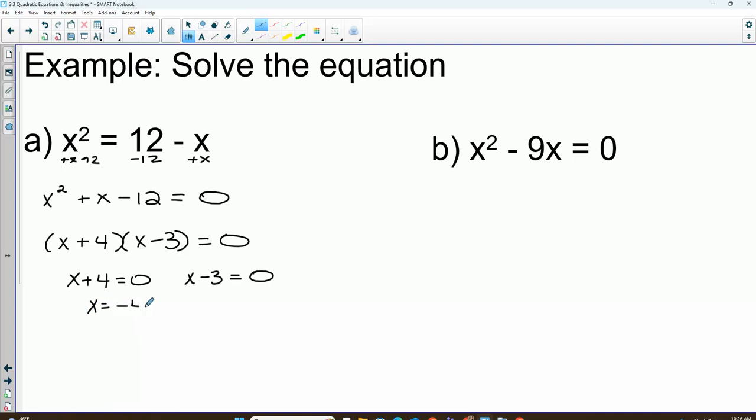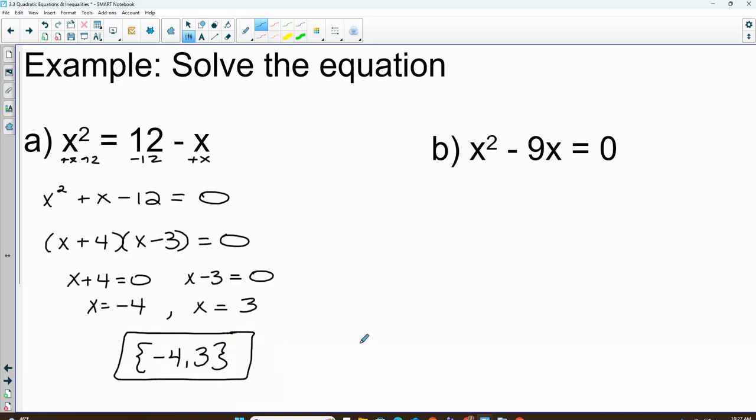So we get x to equal -4 and +3. I don't care if you write x equals, or if you want, you can write them in a solution set. Just don't do parentheses. That looks like an interval where it's everything between them. So either x equals or put it in the solution set.